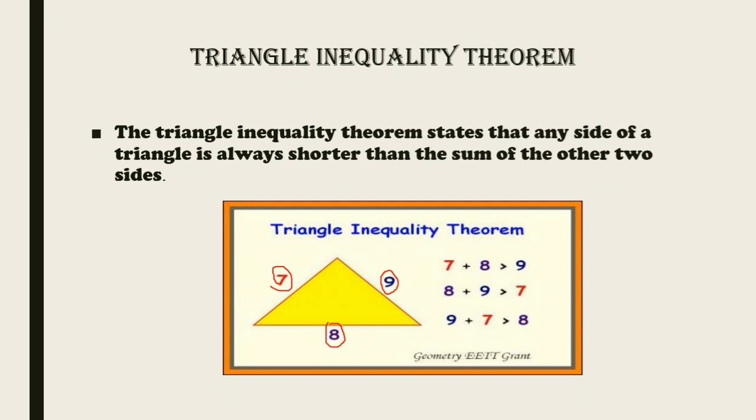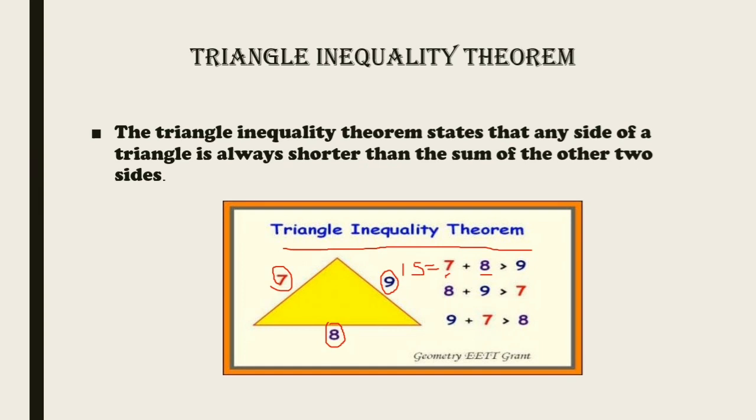So, as per the triangle inequality theorem, if we add 7 plus 8, that sum is equal to 15, which is greater than the third side, which is 9.